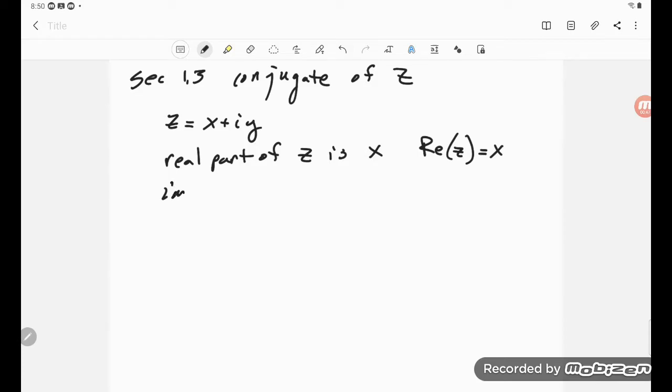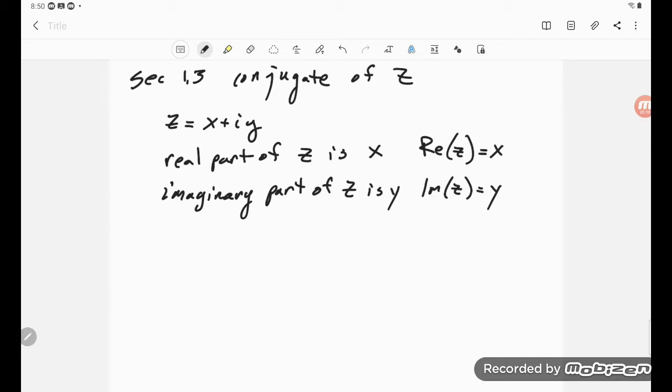And then the imaginary part of Z is Y. Now, this is something very important to realize, that the imaginary part, so Im of Z equals Y, is a real number.